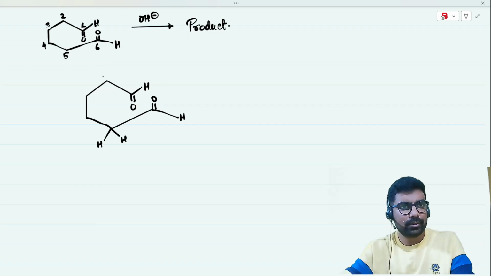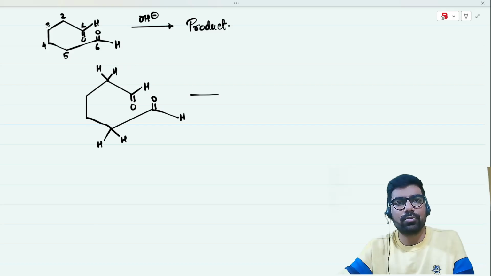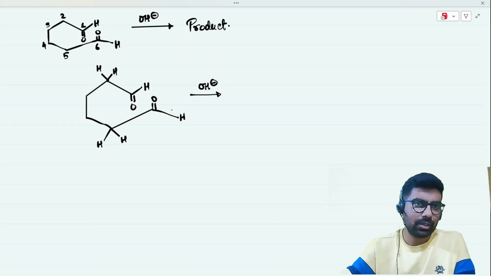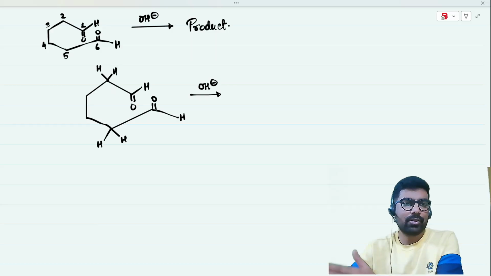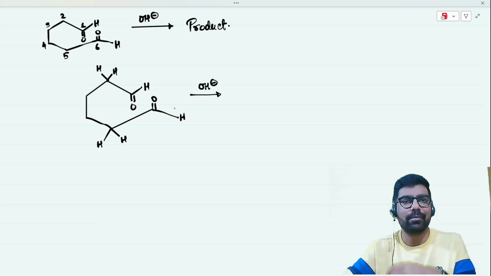These are alpha hydrogens. This is also an alpha hydrogen. So there are basically four alpha hydrogens, any of which OH can abstract. Both are in the same environment, as you can see, both have the aldehydic group at the corner and there are no substituents. So both are in the same environment.